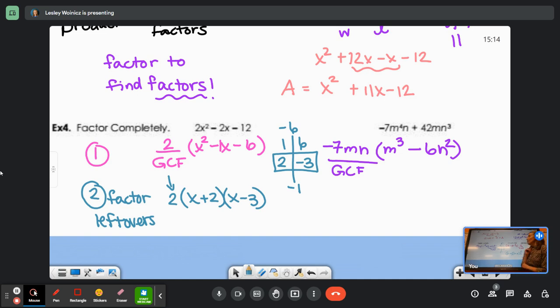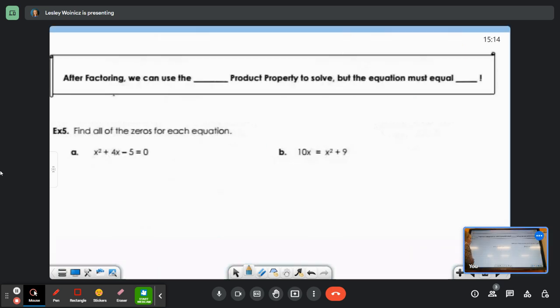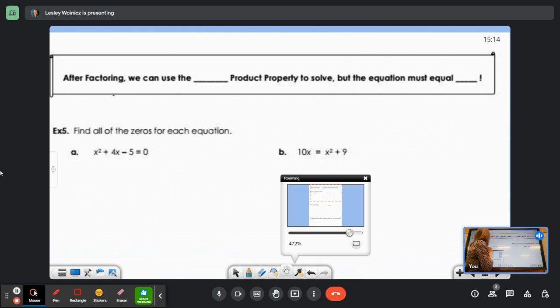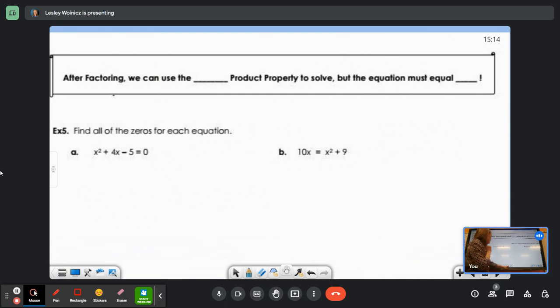Yeah. Okay, let's flip. Okay, I promised you that we were going to solve by factoring. After factoring, we can use our zero product property to solve, but our equation must equal 0.